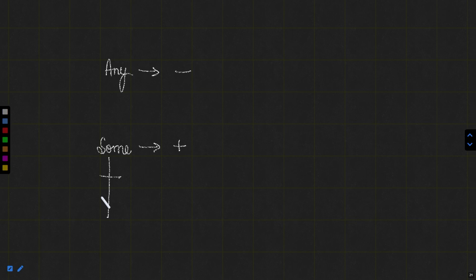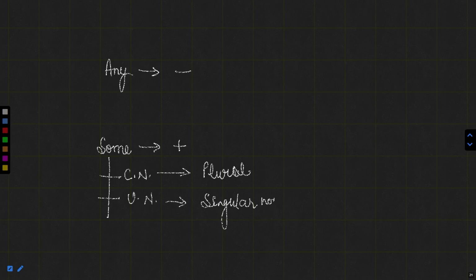Some can be used with countable nouns as well as uncountable nouns. If it is countable, the noun should be plural only. But if it is uncountable, obviously the noun will be singular. If it is a plural noun, it will be followed by the plural form of the verb. But any is used in negative sense, and it can also be used with countable as well as uncountable nouns.